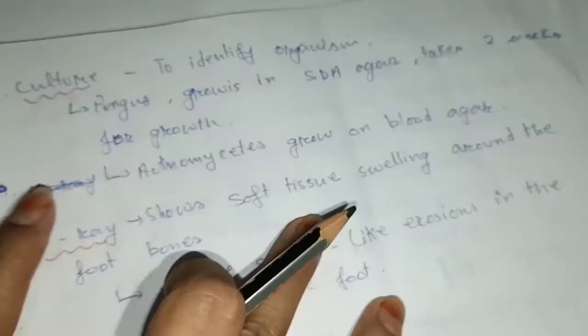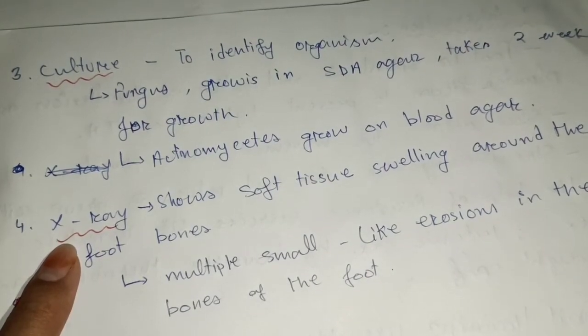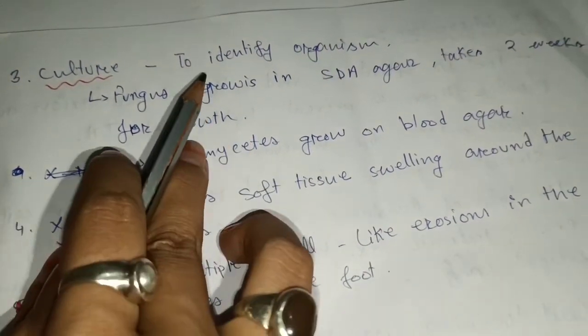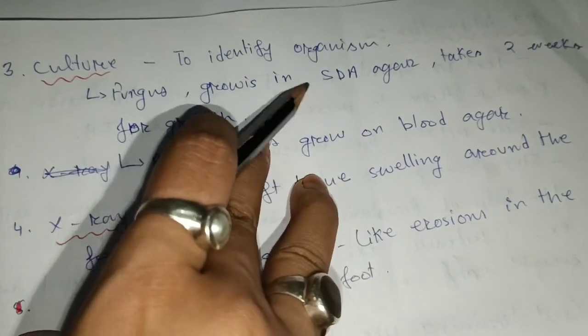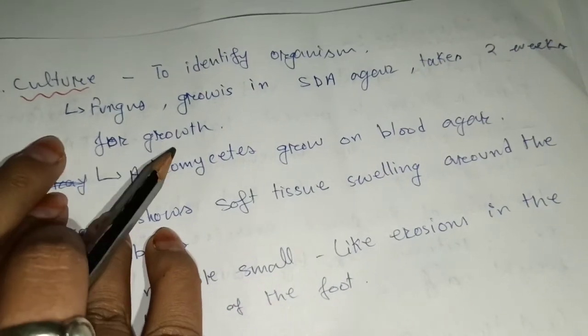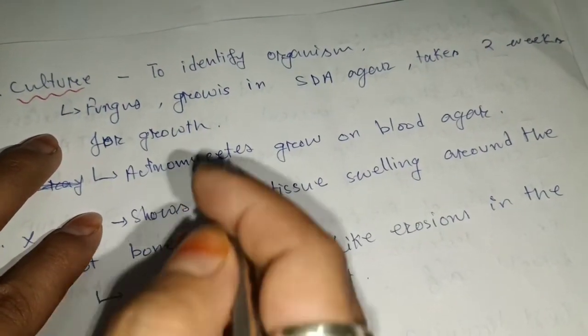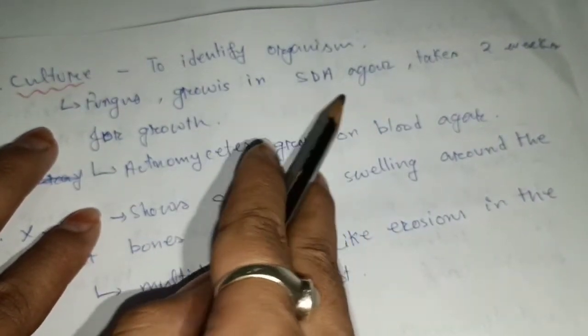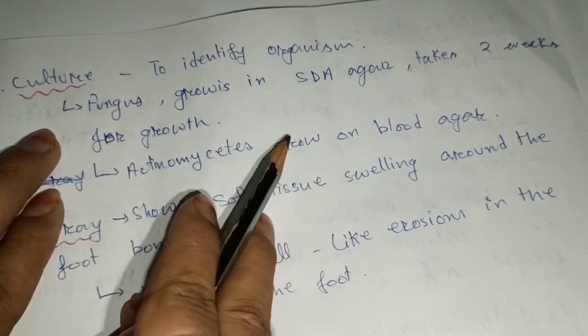Then we go to culture. Culture is done to identify the organisms. When it is a fungal infection, the fungus grows on SDA agar, and it takes 2 weeks for growth.